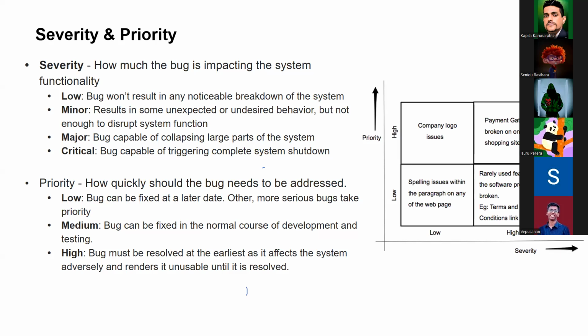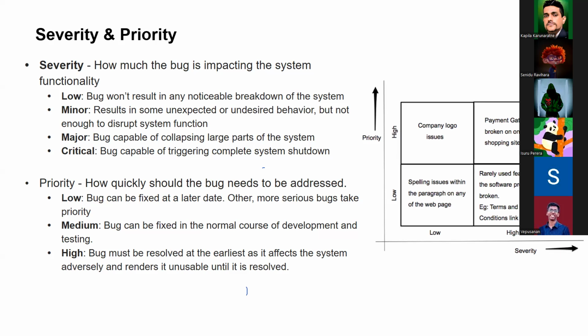Execution will happen either manually or automatically. If you do it manually, you can monitor the results and document them. If there are mismatches between actual and expected results, we call it a defect or bug. Then we need to report it.